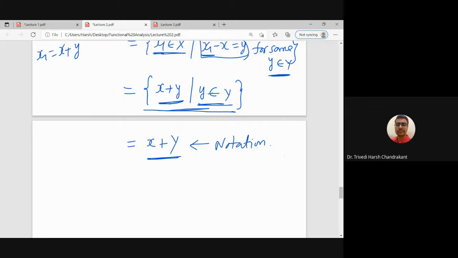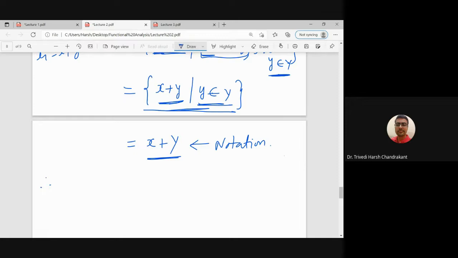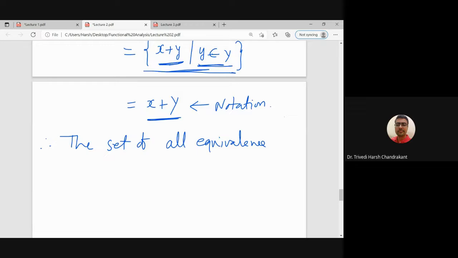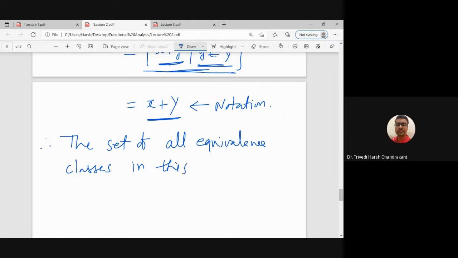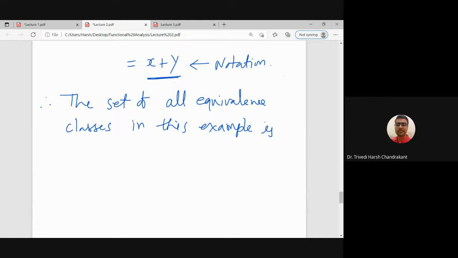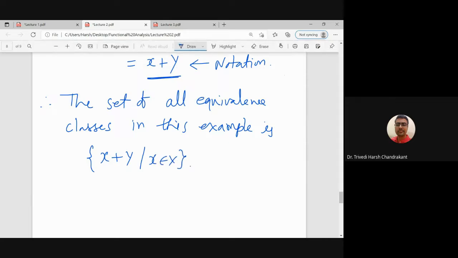And yeah. So therefore, what are the equivalence classes? The set of all equivalence classes in this example is the set x plus Y for every x in X. Right.